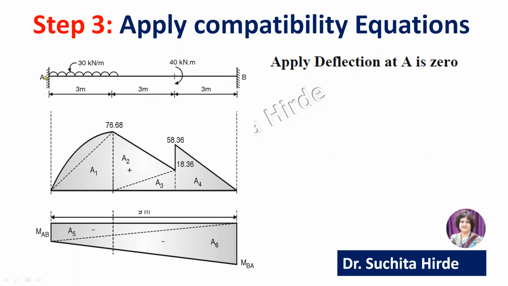We draw tangent at A, we draw tangent at B. Difference between the tangents is given by the moment of areas of bending moment diagram about A. That is the deflection. But here, difference between the tangent at A and tangent at B is 0. And therefore, we get A into x bar upon EI is equal to 0, where A is area of these various diagrams and x bar is distance from A, because we are calculating deflection at A.